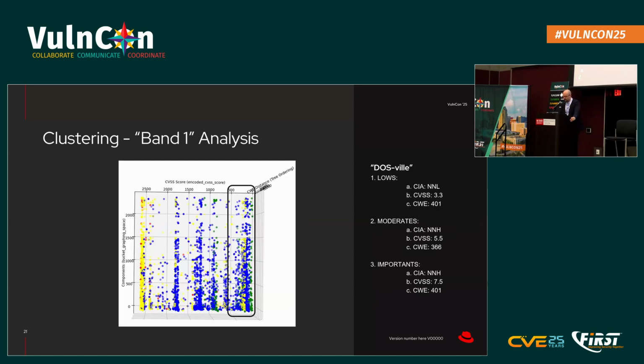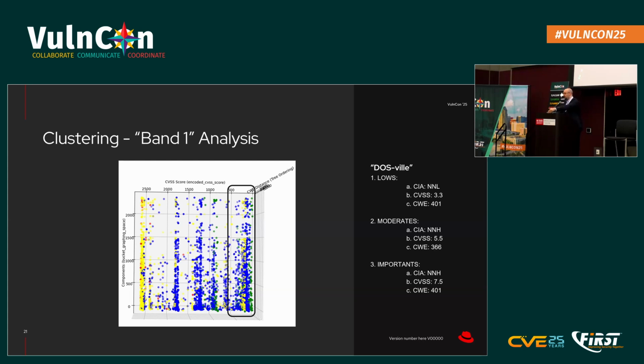So looking at the first band, obviously, I apologize for the names. We're not exactly creative, but we called it DOSville. Essentially, the idea here was that based off of a very simple analysis of what were the most prevalent CIA values for those vulnerabilities in that cluster and the corresponding CWE and CVSS ranges, we saw that primarily it was DOS-like behavior.